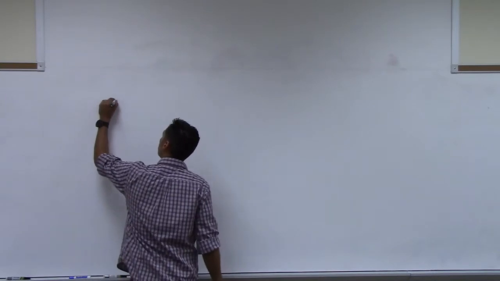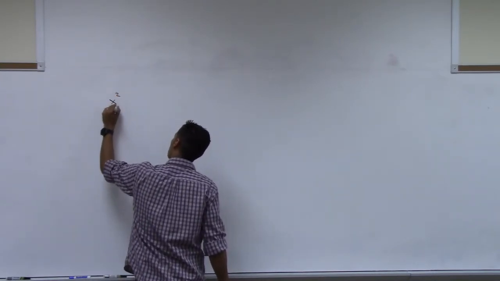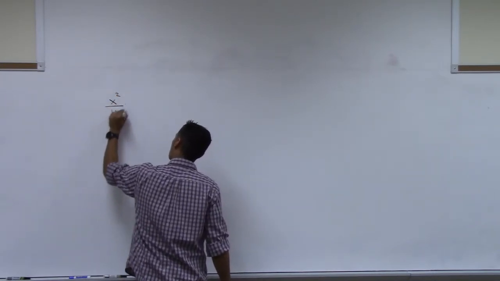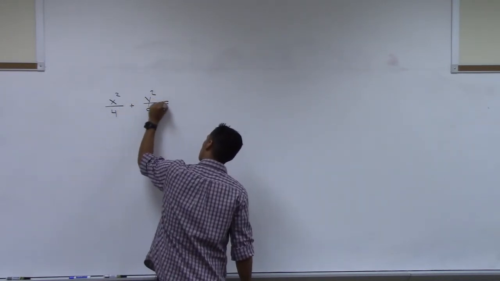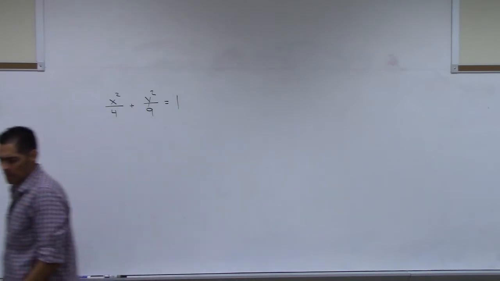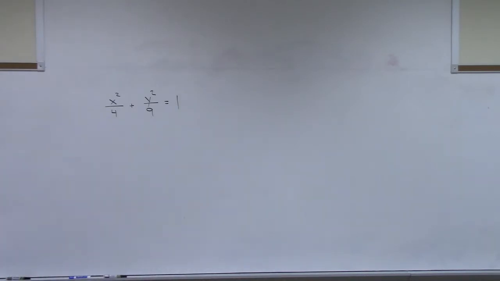Look at this right here: x squared over 4 plus y squared over 9 equals 1. Do you know what that is if you graph it?